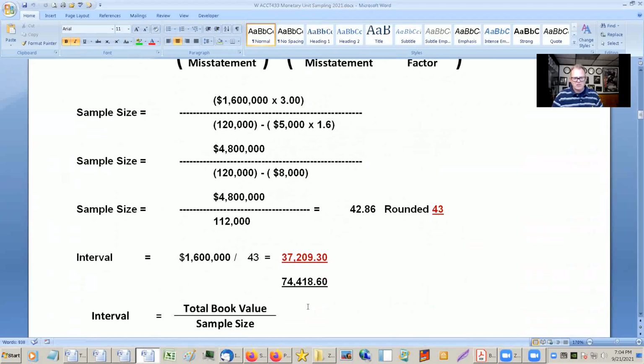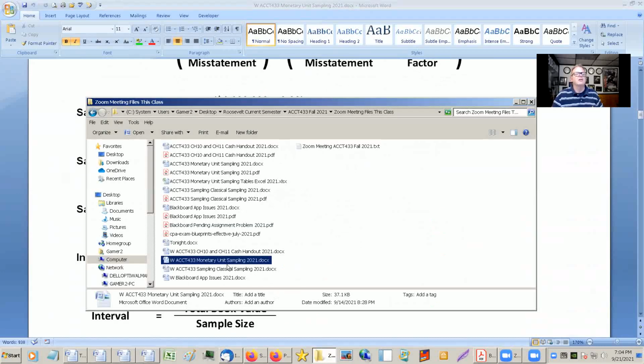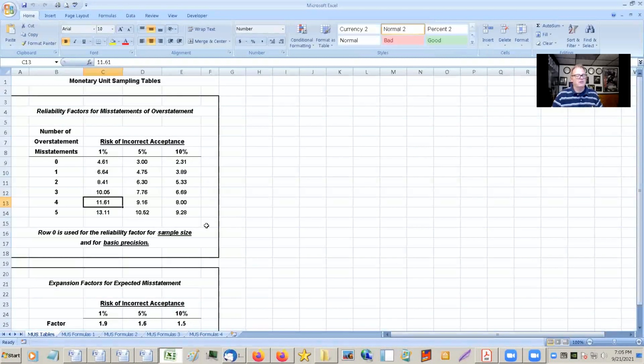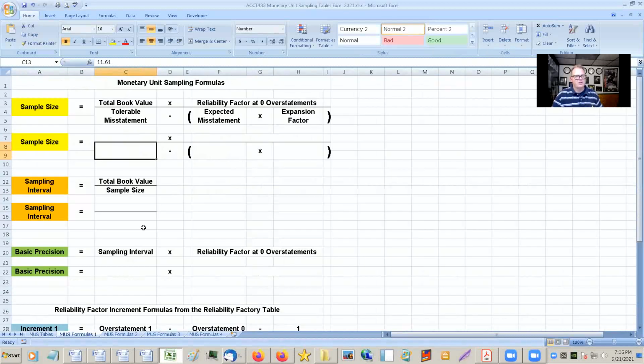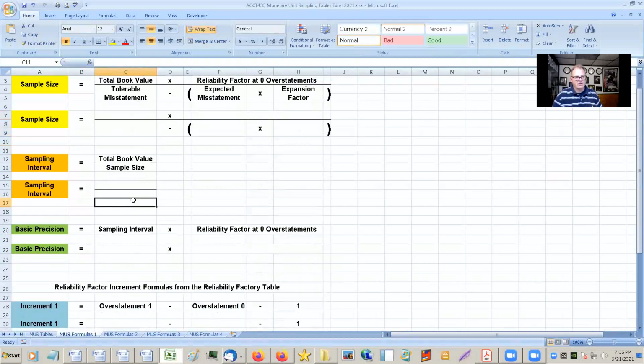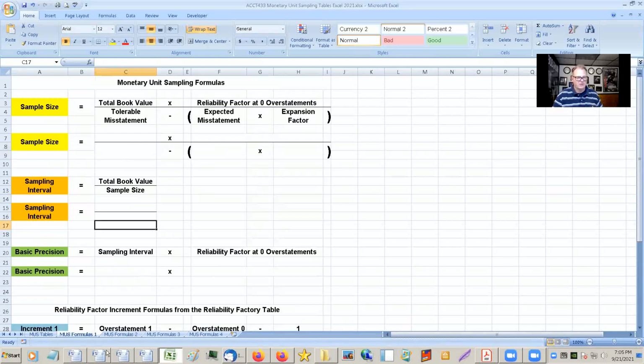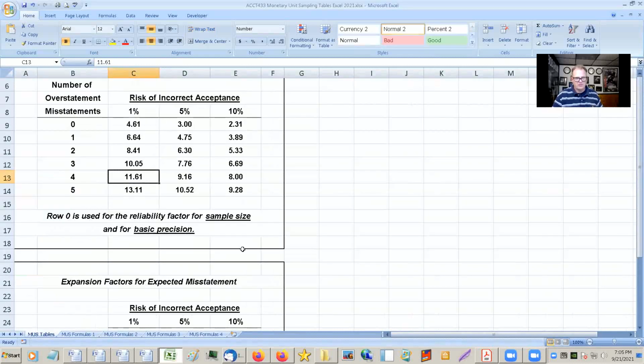Oh, and by the way, I also sent out another thing, an Excel document. It looks like this. So these are the tables, but it also has blank spots for doing the calculations. Hopefully that'll be a little easier to do on the computer.